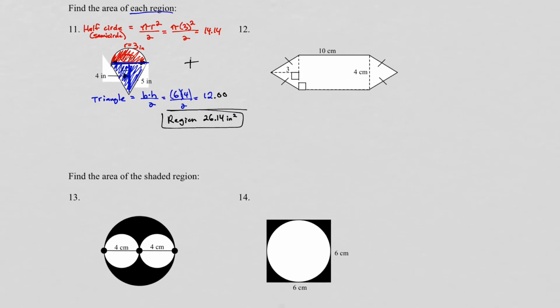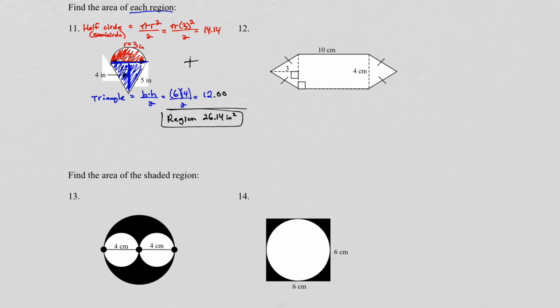So just to give you a little clue about number 12, I'm not going to do it, but I can guide you here. We have two identical triangles. Remember that the area of a triangle is half of a rectangle or parallelogram. So basically, these are two triangles, and together they make a whole rectangle. That saves us from doing two triangle formulas.